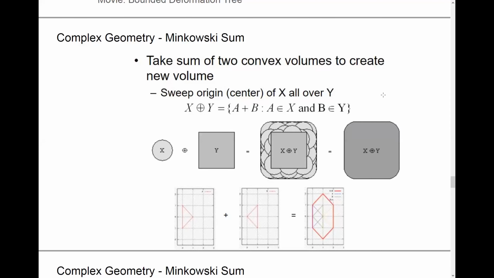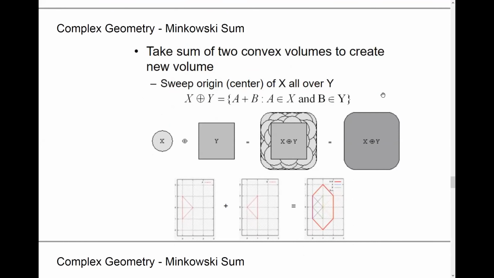Here again, for your knowledge, we have the Minkowski sum. What basically happens is you take the sum of two volumes to create a new volume. So you have X and Y, and you take the sum of these two volumes to create a new volume together.